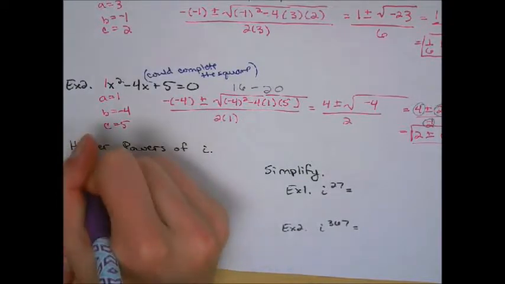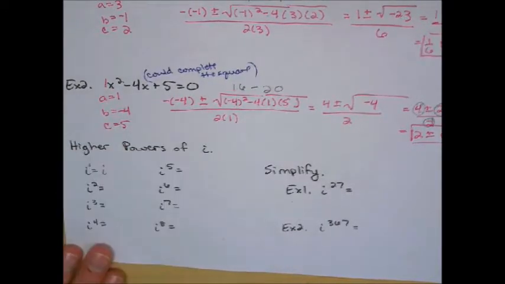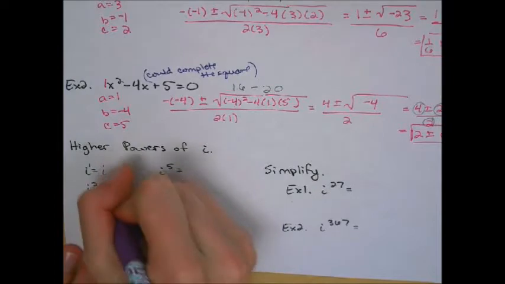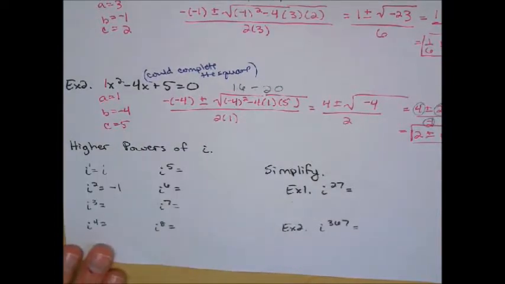I to the first power is just I. I squared, we know from yesterday, is negative 1.